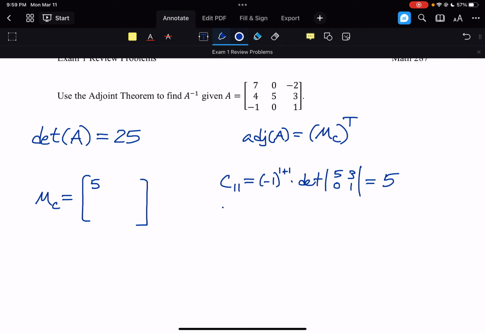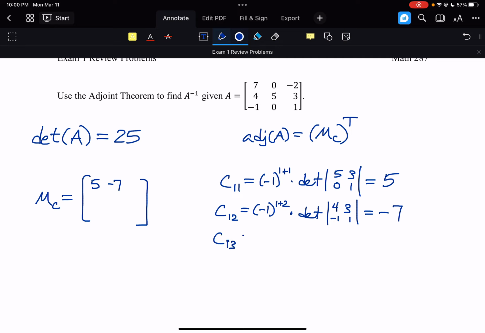If we slide over 1, we're going to get -1 to the 1 plus 2. So that'll be -1 here, times the determinant of, block off row and column, 4, 3, -1, 1. So we're going to get negative, and then that's 4 minus -3. So that's 4 plus 3, which is 7. So we get -7 for the 1, 2 component.